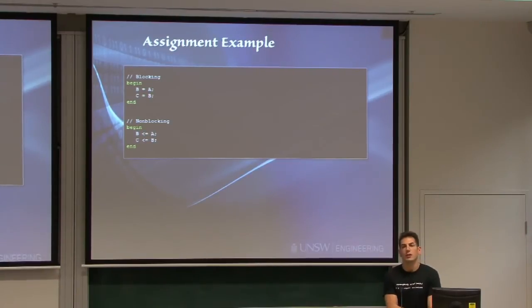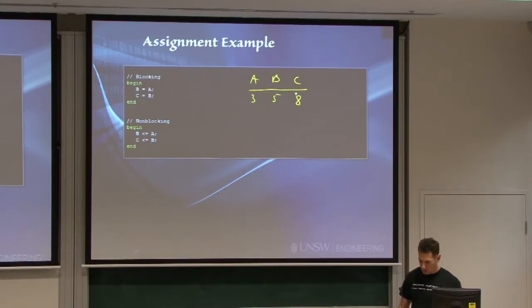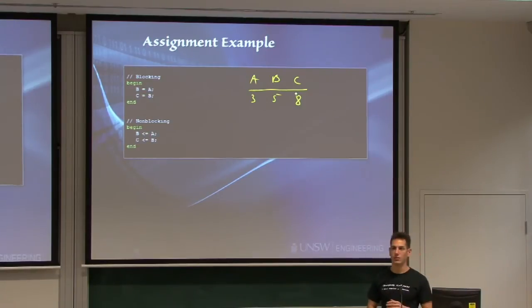Suppose we have three variables A, B, and C, and suppose they contain the values 3, 5, and 8. For this example, these variables are 4-bit variables that contain 4 bits each, and therefore can hold these values.